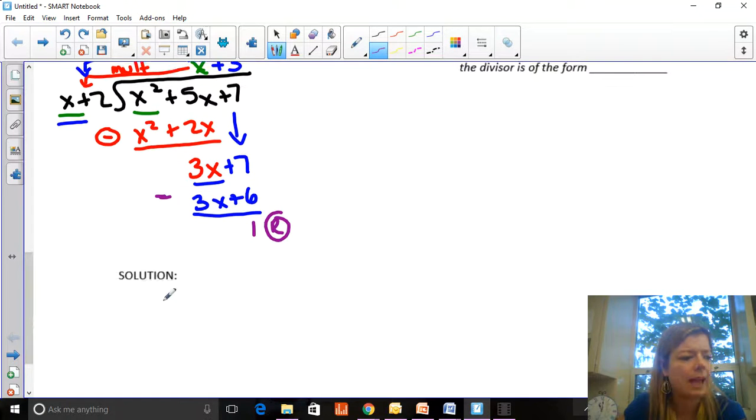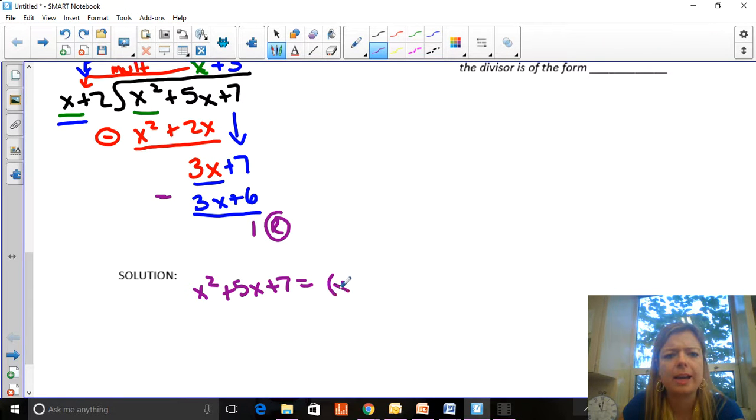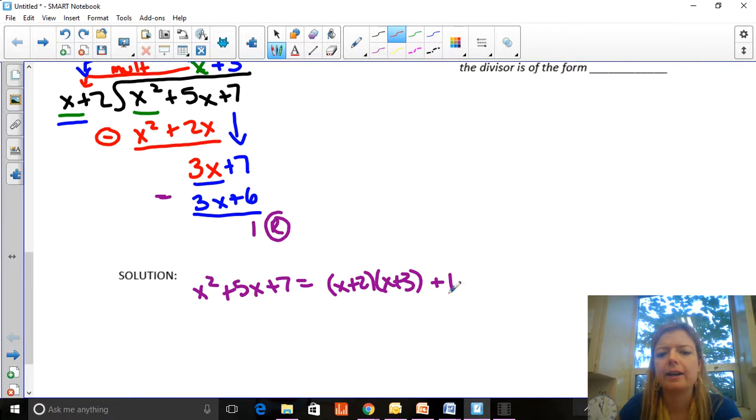So our solution then is x squared plus 5x plus 7 is equal to bracket x plus 2 times bracket x plus 3, and then our remainder is 1. Okay? Now, the other way of writing it is by writing, again, dividing everything by x plus 2.